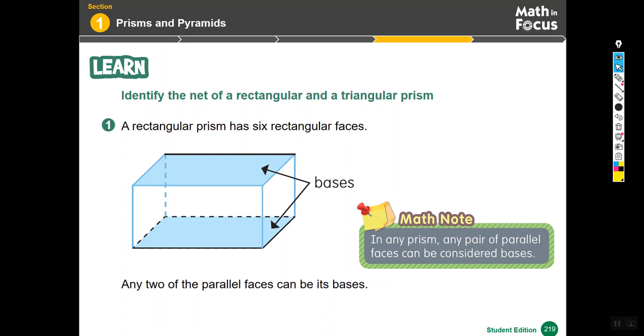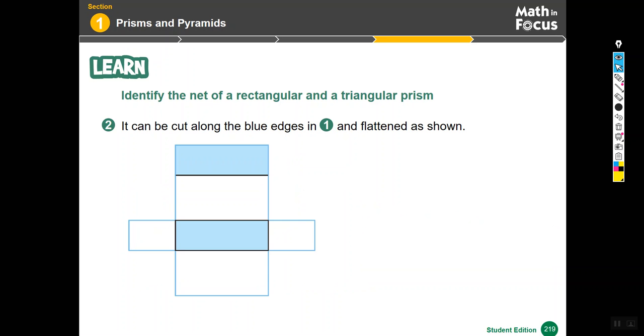So all faces of a cube and a rectangular prism can become bases, but not all faces can be bases in every prism. Like in a triangular prism, not all the faces can be bases because bases must be parallel to each other. It can be cut along the blue edges in one and flattened as shown.